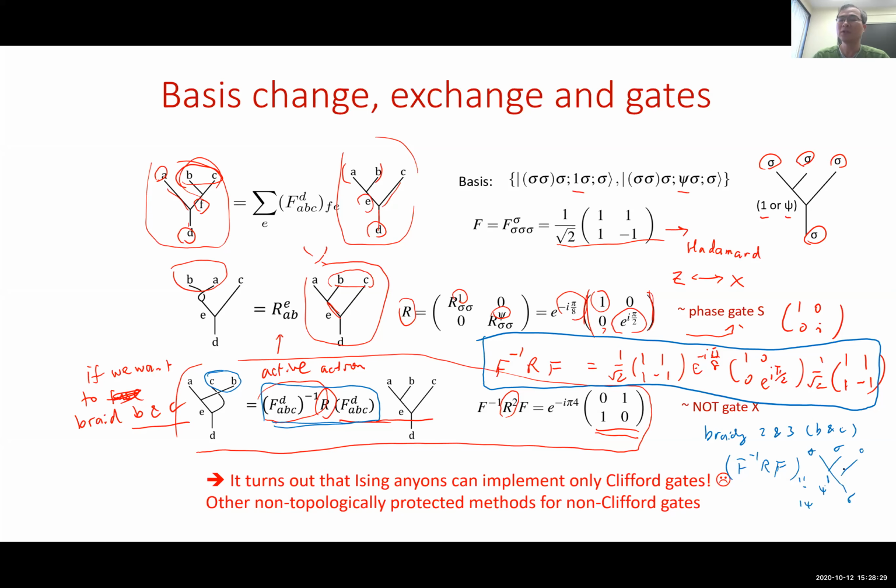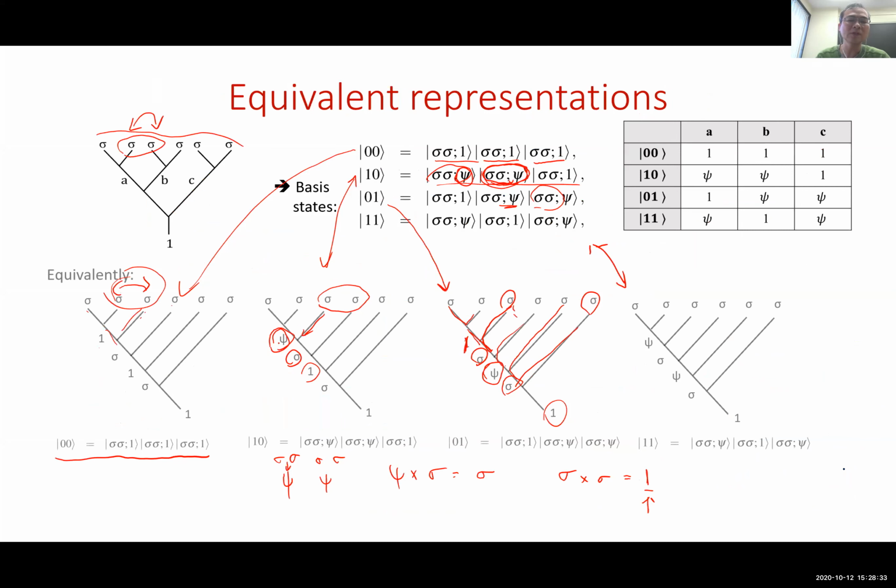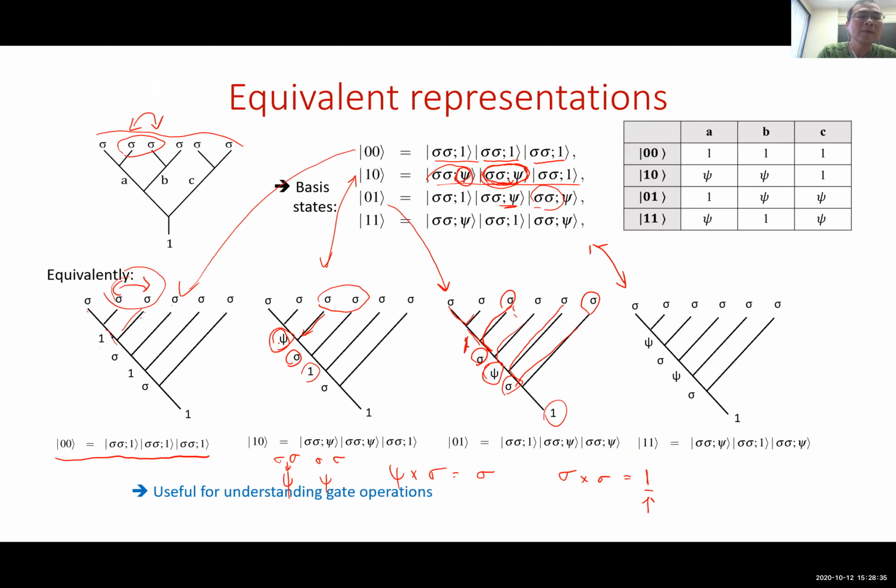And we want to see this structure is the same. If you really just see the structure, this is the same here. So if you do the braiding here, this is 1, this is psi. And so the action is really just on these two. It's basically mixing these two, right? And mixing the 3 and 4.